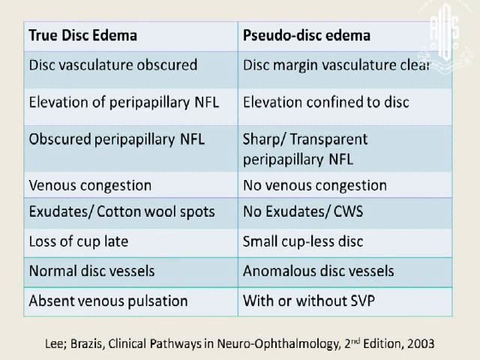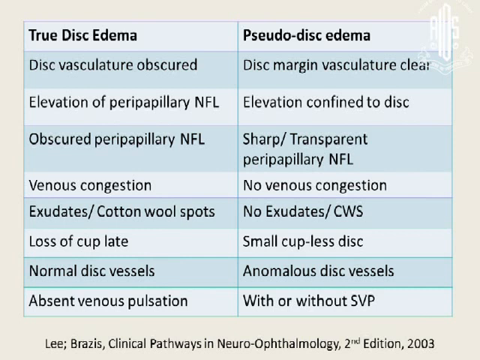This table tells us the distinction of what I showed you earlier. The important features of this distinction are opacity of the nerve fiber layer, obscuration of the vessels, presence of hemorrhages, hard exudates, and absence of spontaneous venous pulsation in case of true disc edema.